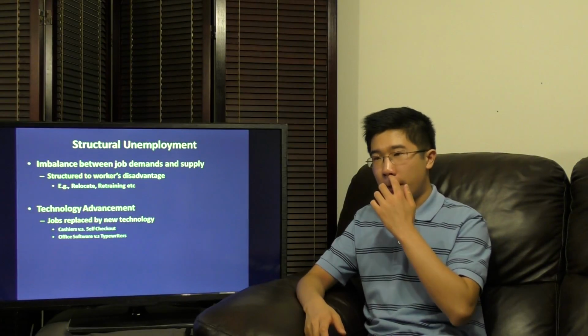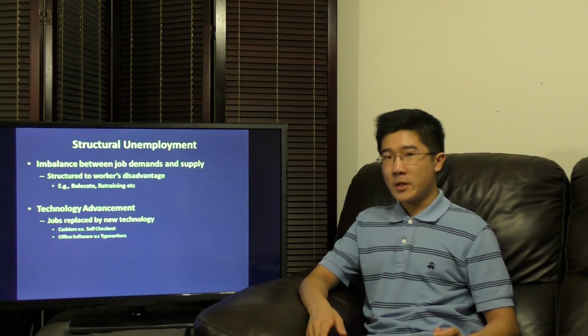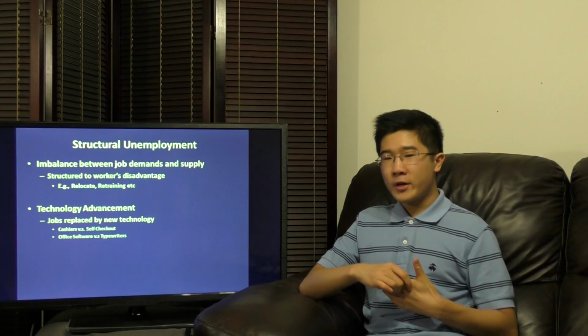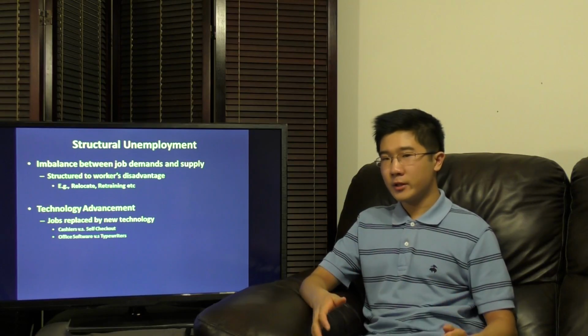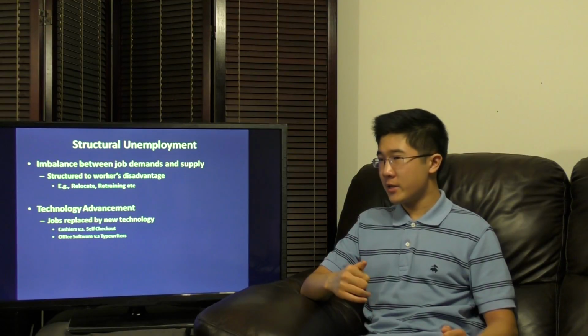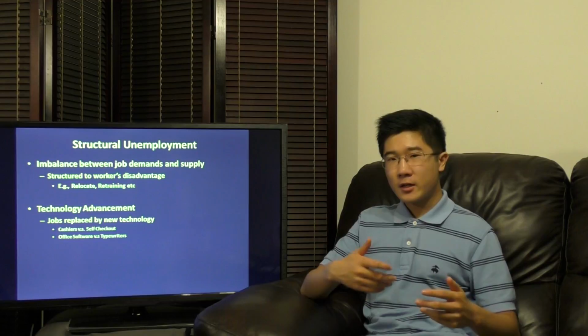Now, the second one, and maybe the more negative one, is structural unemployment. Think about the labor market as supply and demand. When there is a difference between supply and demand, basically where there are workers trying to supply labor that is not demanded in their region, we have a type of structural unemployment. Now, this can take different forms.